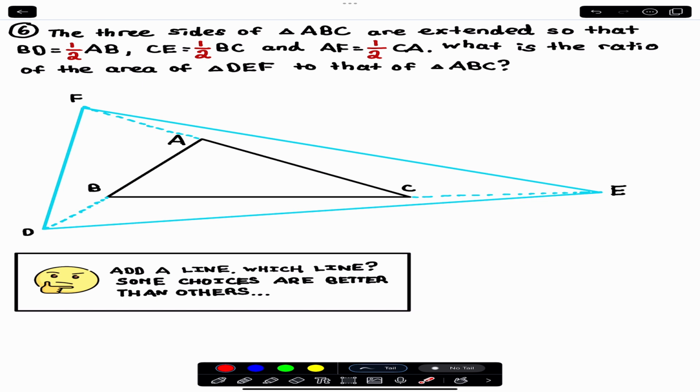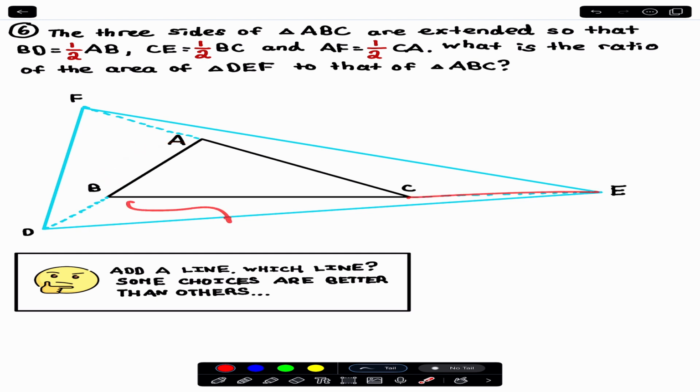So question 6 says, the three sides of triangle ABC, so this one, are extended so that BD, over here, this side is extended so that BD is half as long as AB.